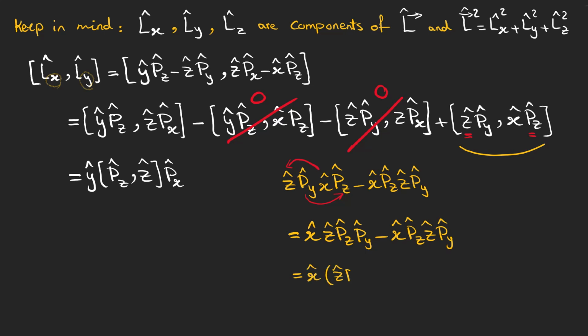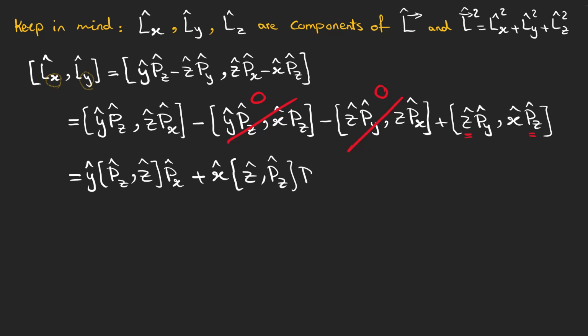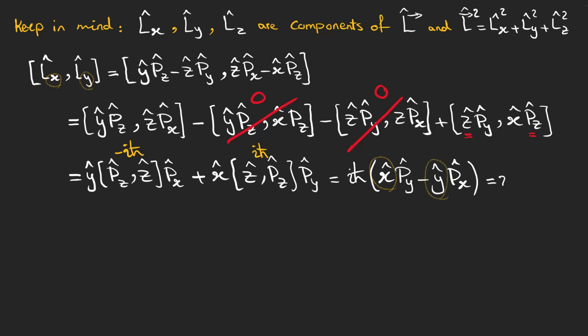And now you can see that z and pz do not commute, and if we factor x and py, we can write it as x times the commutation of z and pz times py. And we find the second expression to be like this. Commutation of pz and z gives minus i h bar, and commutation of z and pz gives i h bar. So we can write it as i h bar xpy minus ypx. So pay attention to the cyclic order that we had, and you can write it as i h bar lz.